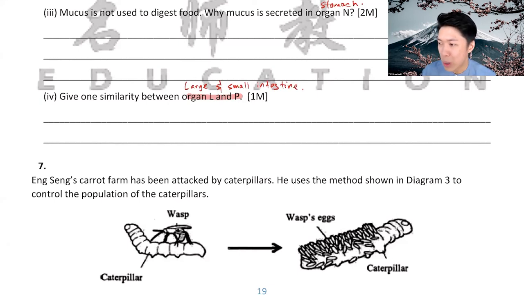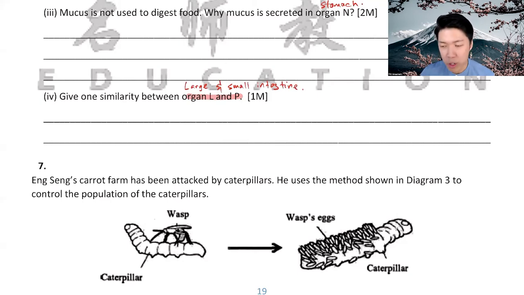Okay, so let me show you how. This is what I would write. Both of them have movement of food through peristalsis. So everybody take a look at your chat box. Movement of food in these organs through peristalsis. Okay, both absorb nutrient.